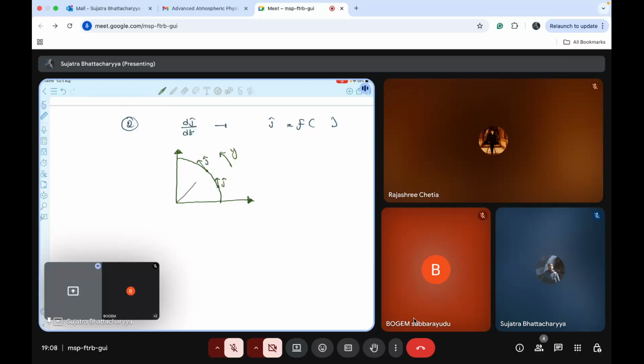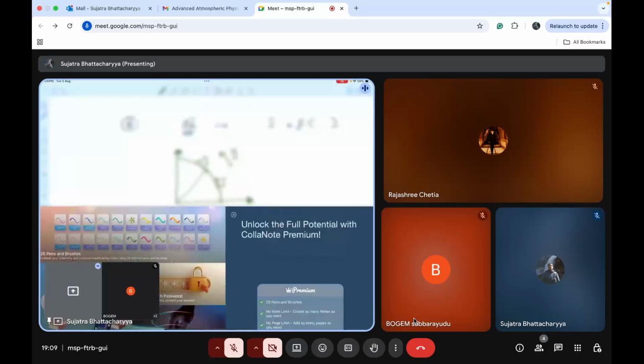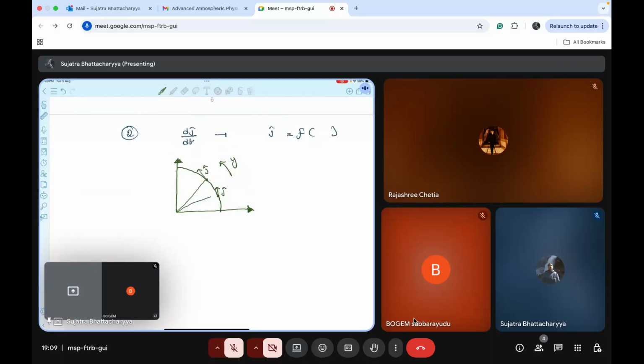You can clearly see there is a change in the direction, maybe in the magnitude. So this is phi, this is some delta phi or some delta y distance. So j hat is changing with y. So it is a function of y for sure.